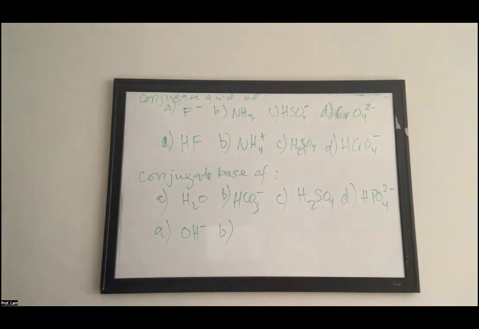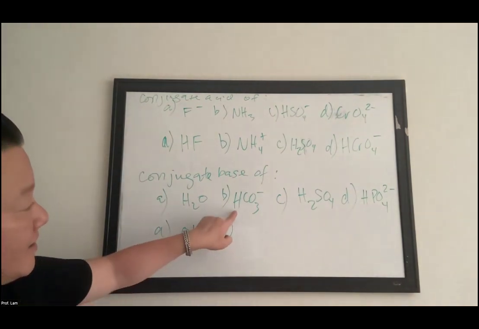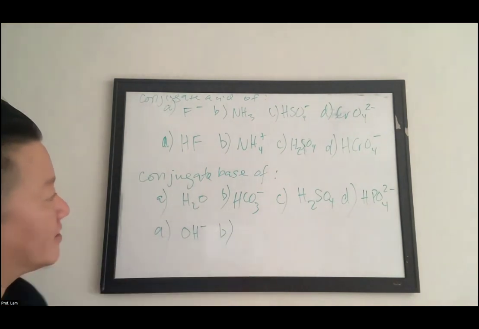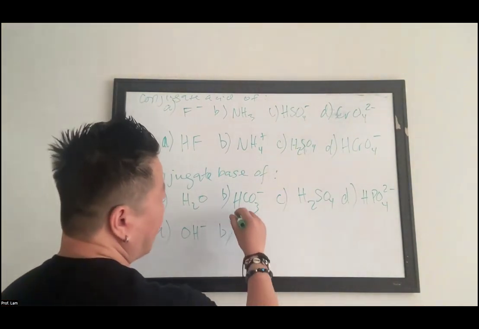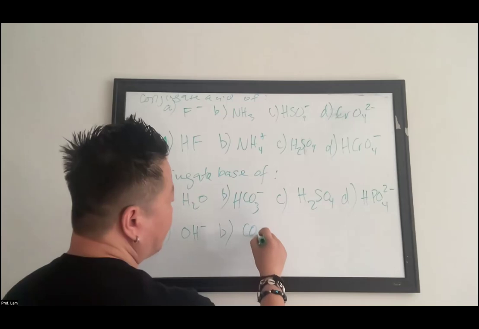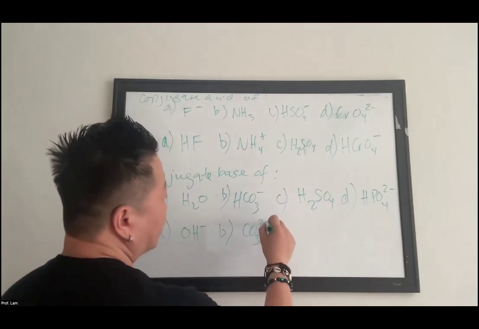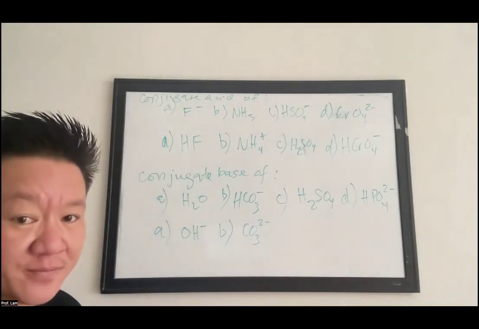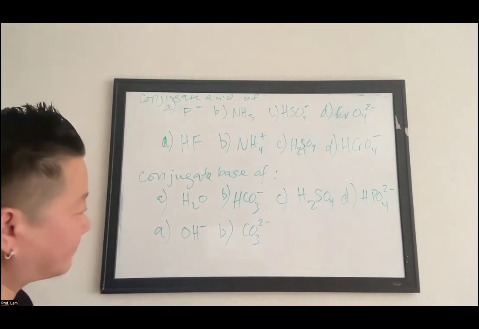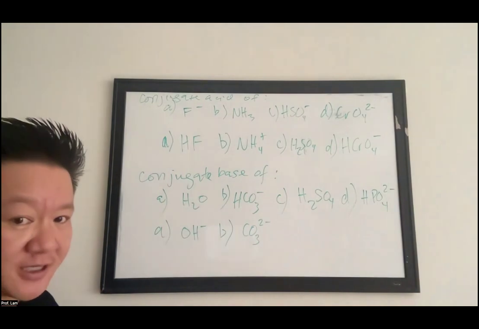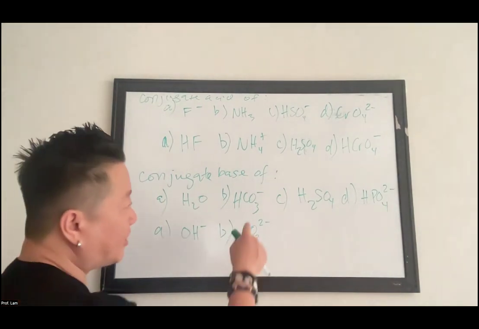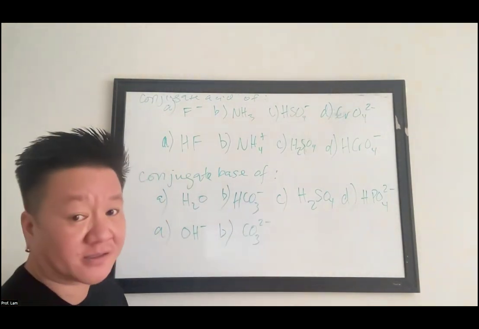B, you take away a proton, that H is going to H plus. So that H is going to go away. So you have CO3 2 minus, right? Remember, you're subtracting an H plus, and so the minus becomes a 2 minus. Okay?